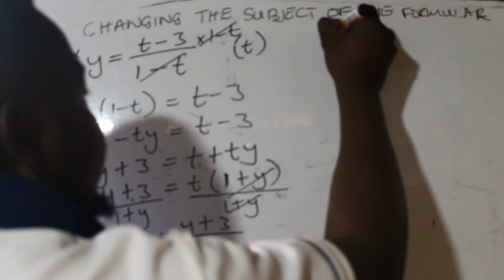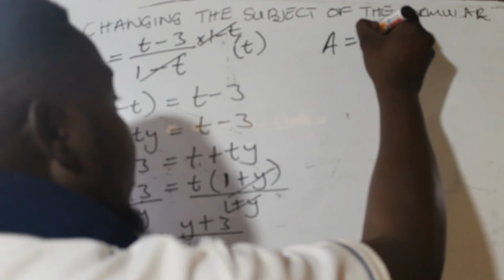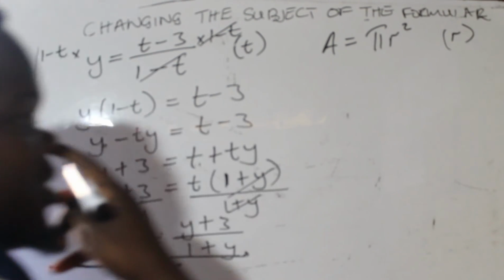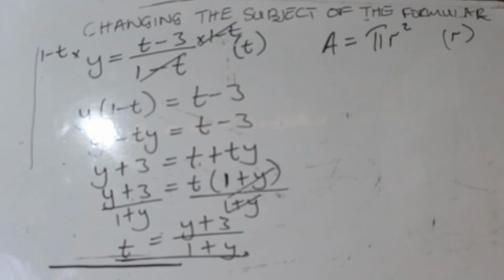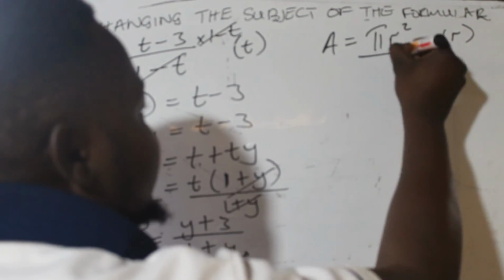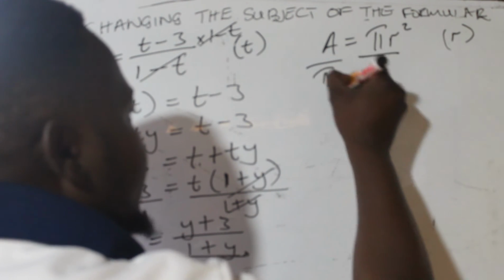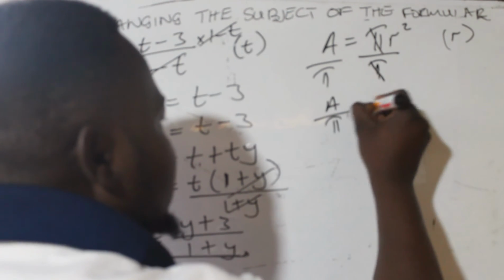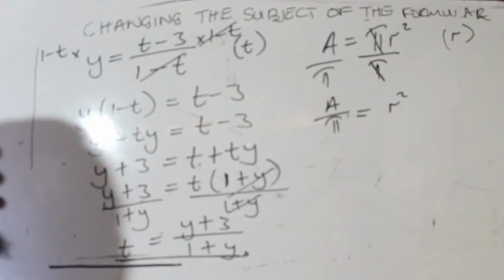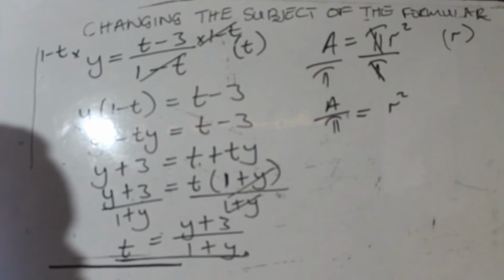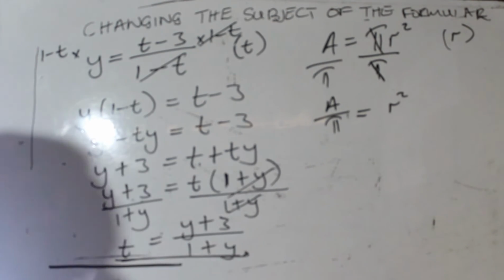Then another question. We are given a is equal to pi r squared, and we want to make r the subject of the formula. Here we have to divide both sides by pi. So a over pi is equals to r squared. To remove that square, we square root both sides.